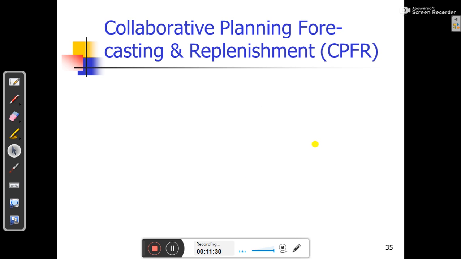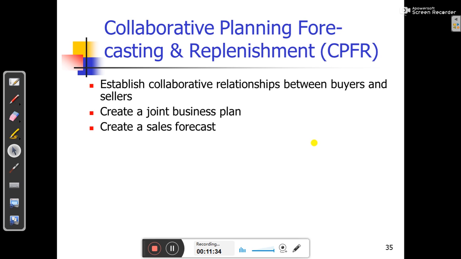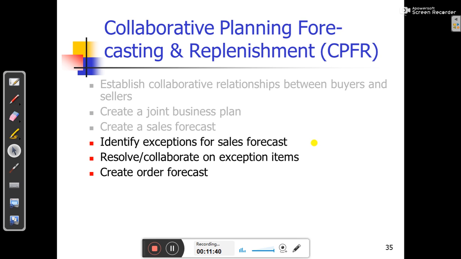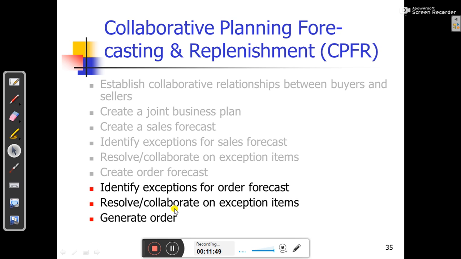And also there is collaborative planning, forecasting and replenishment. Establish a collaborative relationship between buyers and sellers, create a joint business plan, create a sales forecast, identify exceptions for the sales forecast, resolve and collaborate on exception items, create an order forecast, identify exceptions for the order forecast, resolve and collaborate on exception items, generate the order. So these are various things that we can carry out using forecasting methods in various situations.